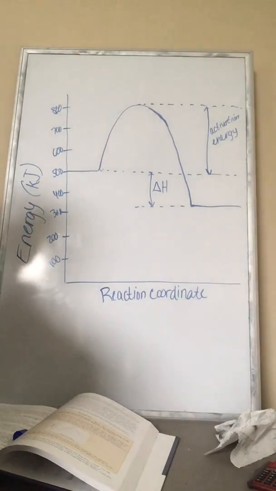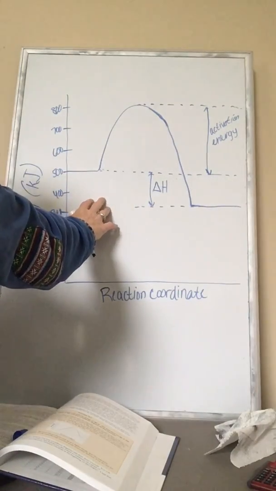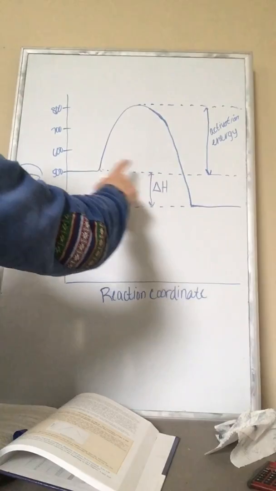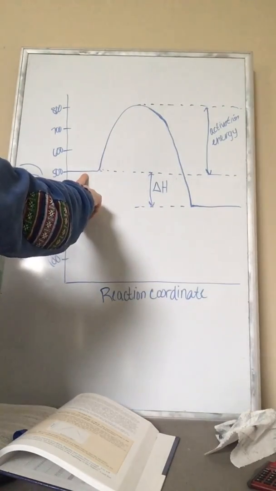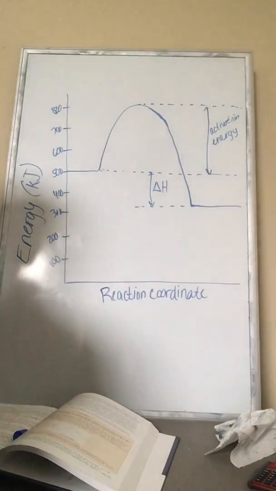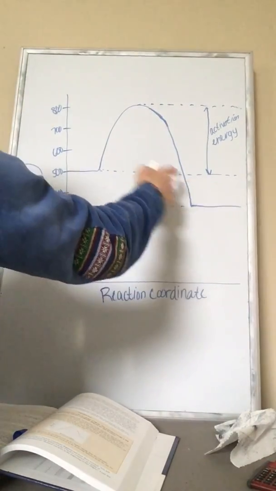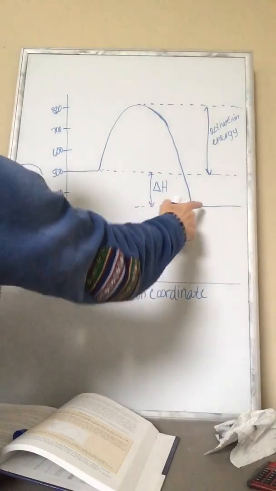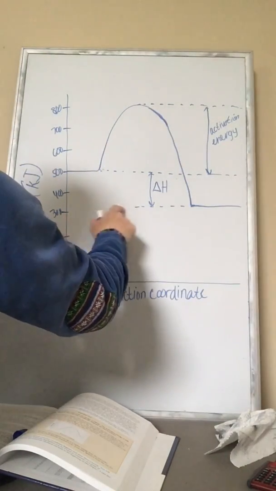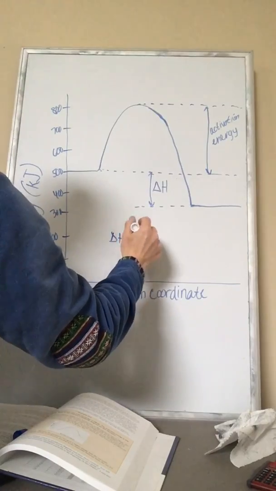So what this tells us in this particular graph, since the product side is lower than the reactant side, is our delta H is going to be negative, because our delta H is going to be our products minus our reactants. So if we'll just say it's 300, it's a little bit higher than 300, but we'll just say 300.